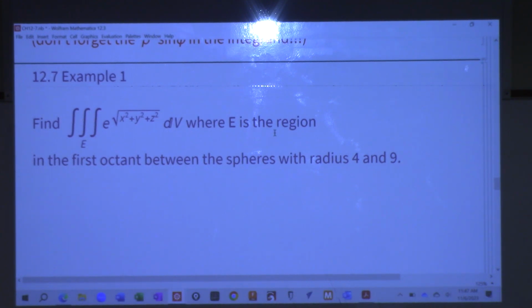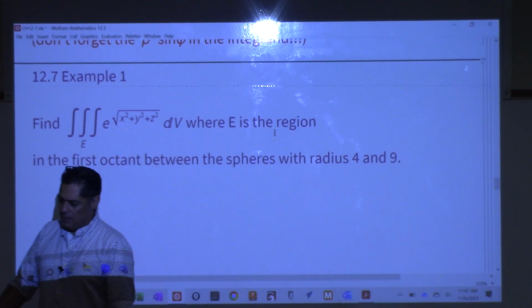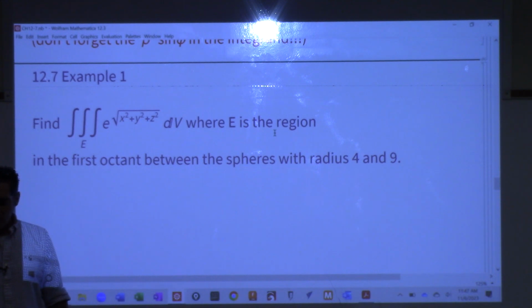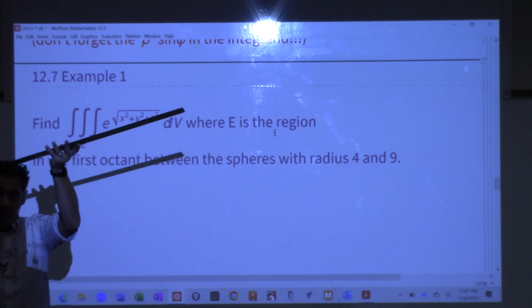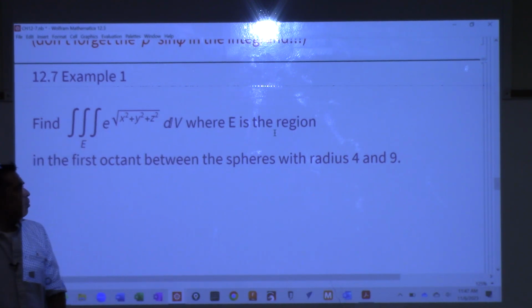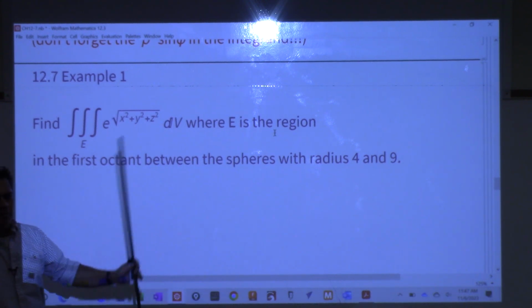See if you can visualize that. We're in the first octant. You all remember what octants are, right? First octant is like the first quadrant with z positive, so it's like everything in here. And it's the region between those two spheres. One has a radius of 4 and the other one has a radius of 9.